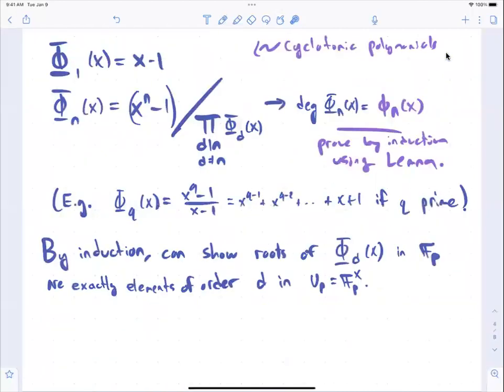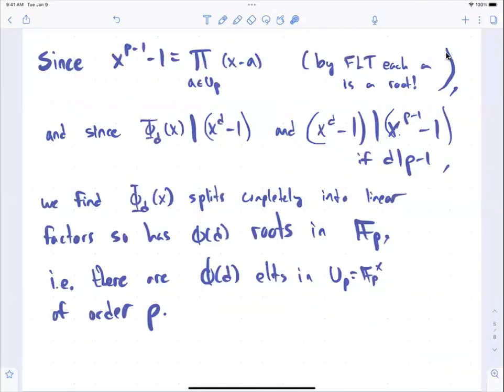Now if you have a polynomial which divides some other polynomial that splits completely into linear factors, this just has to be some product of a subset of those roots. So this thing also splits completely into linear factors, and so it has phi of d roots in F_p.